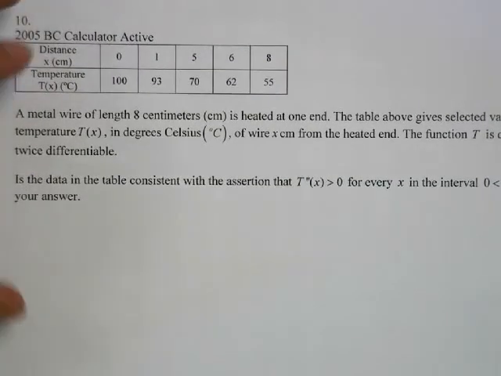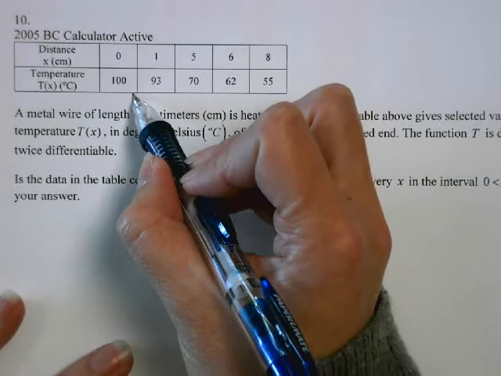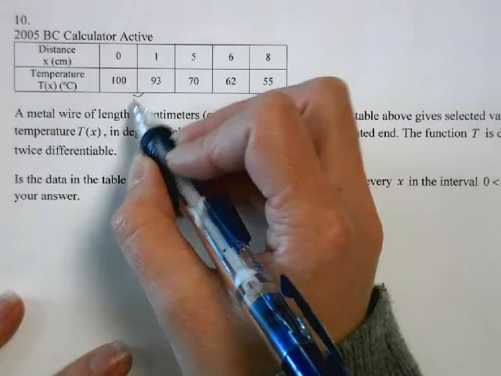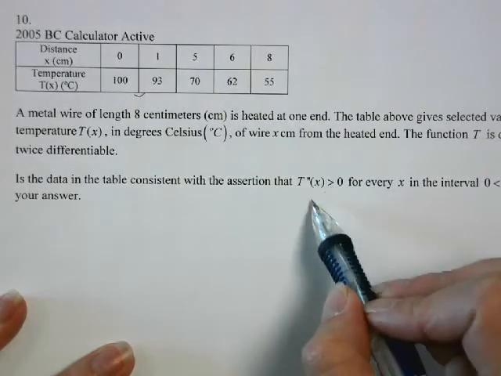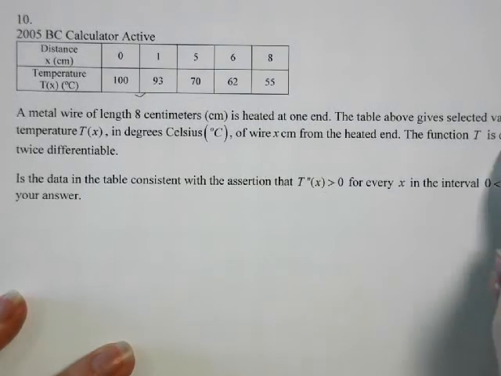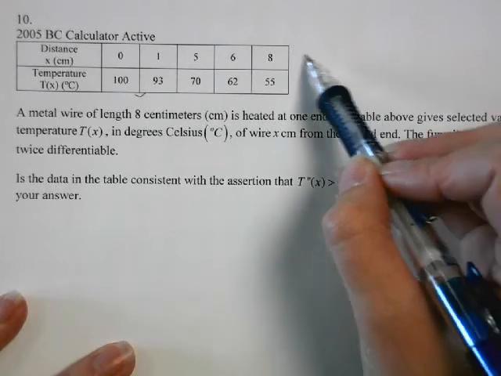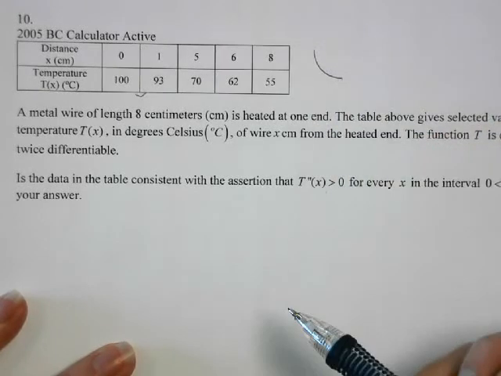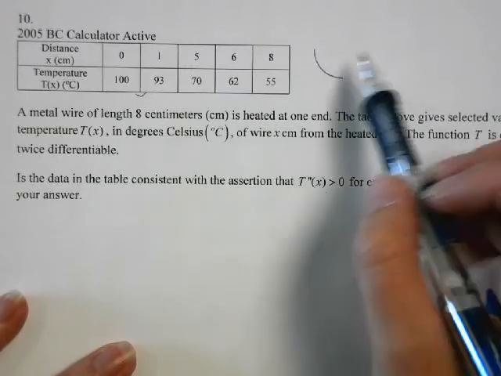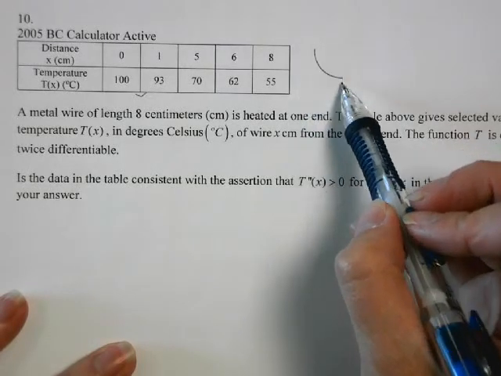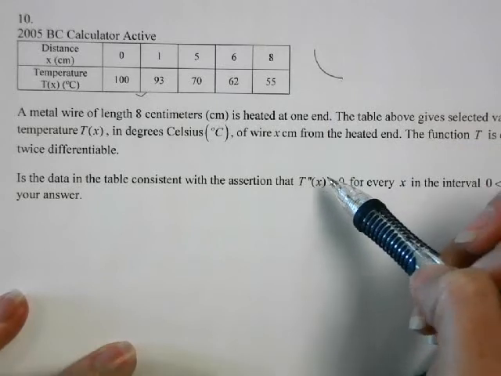So that's what we need to show. Just looking at the numbers here, it's going down, but that doesn't necessarily mean that it's not concave up. Our function is decreasing, so we can decrease and be concave up. What we're trying to show is that the slopes are getting less negative.